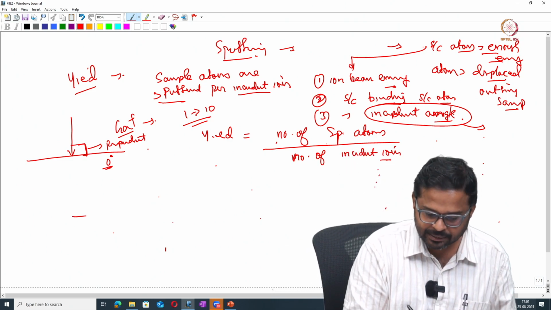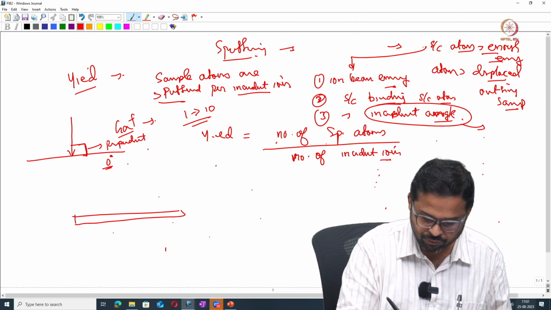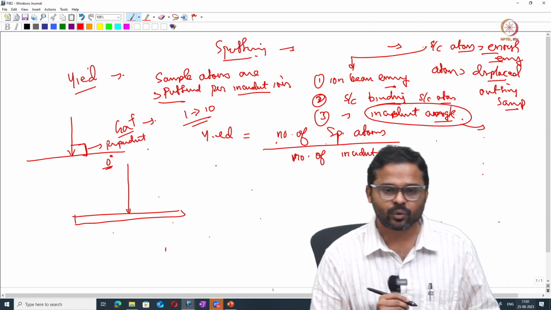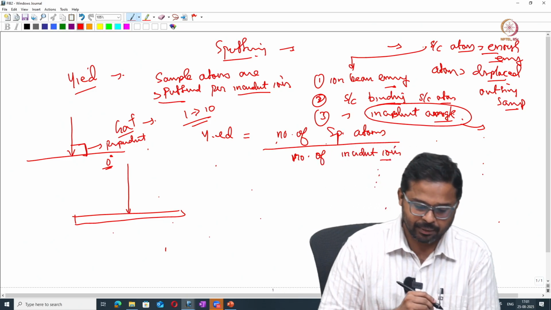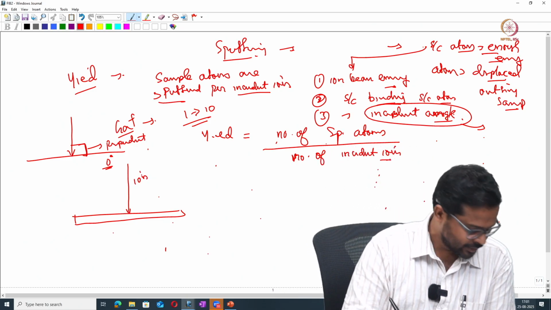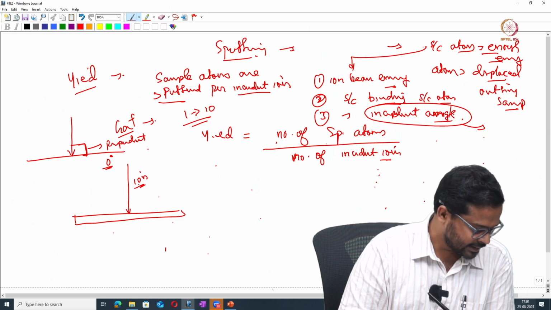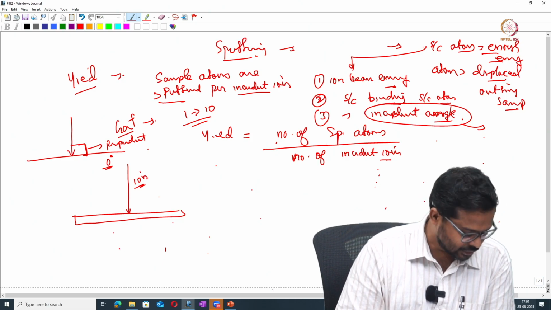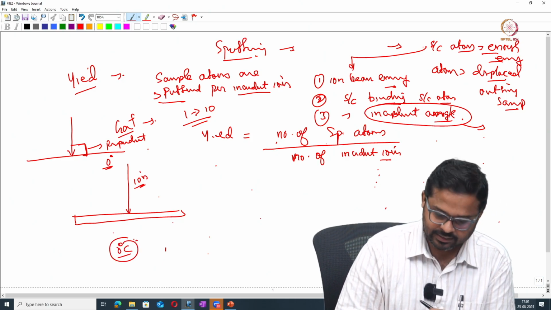If your ion beam falls exactly perpendicular to the sample surface, then usually it is called an incident angle of 0 degrees, correct?